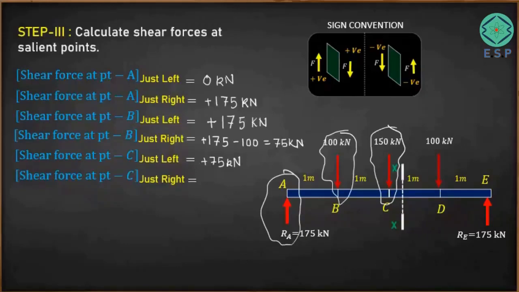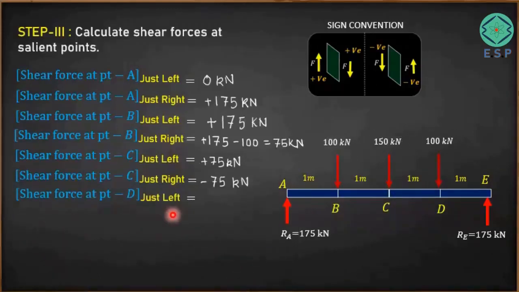You can simply see from here it is 175 minus 250, and if you simplify it further, this value will turn out to be minus 75 kilonewton. Okay, is it clear? The shear force at point C just right is going to be minus 75 kilonewton. Now we would like to find the shear force at point D, at this particular point.